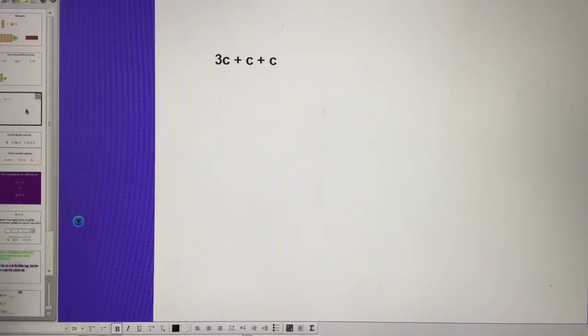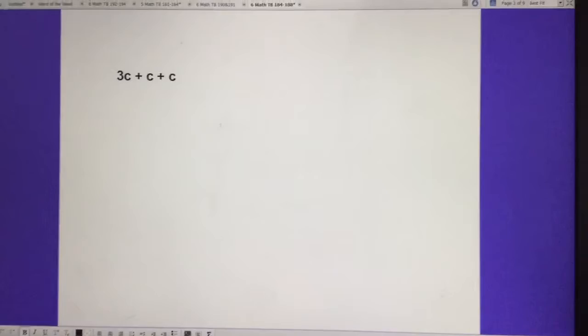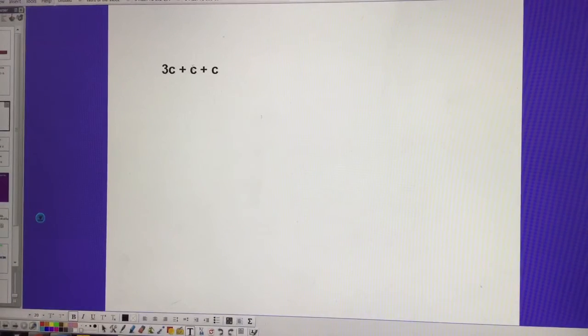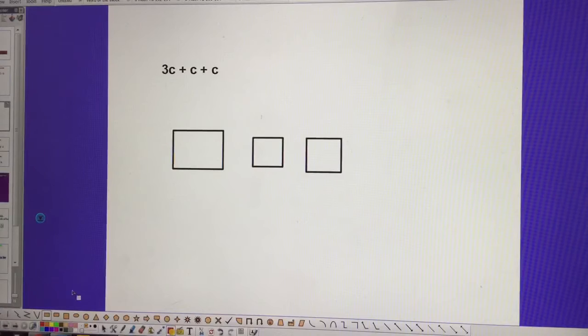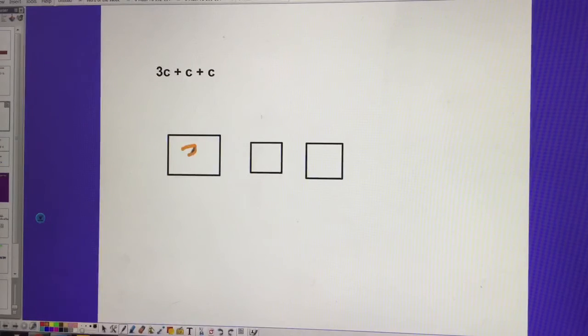For example, here I just made a problem: 3C plus C plus C. Actually, let me do that better.